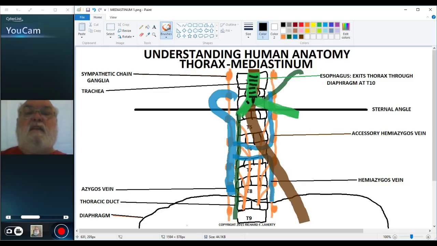And then the bronchi have plates of hyaline cartilage in their wall. So we'll draw some plates in here.